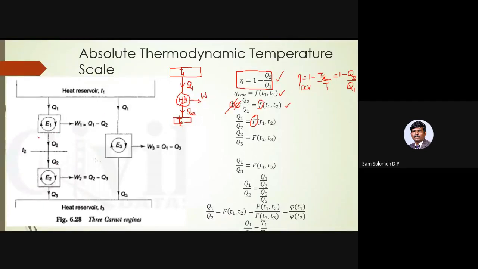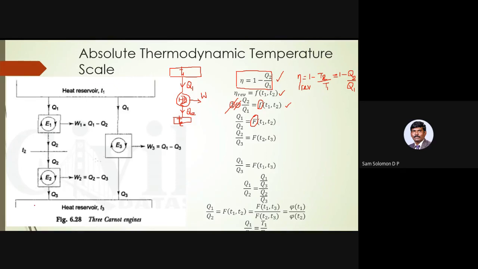Now let's look at this picture. I have a reservoir T1 and there is another reservoir T3 and there is an intermediate reservoir T2. Here I have the engine E1 operating between the temperature limits T1 and T2. Here I have another engine E2 which operates between the temperature limits T2 and T3.